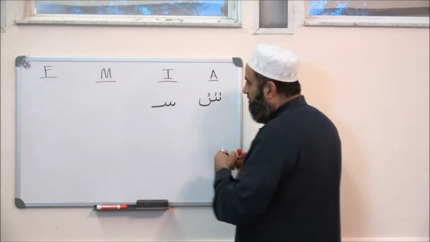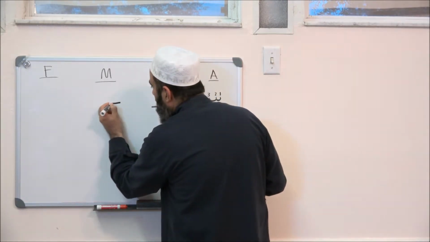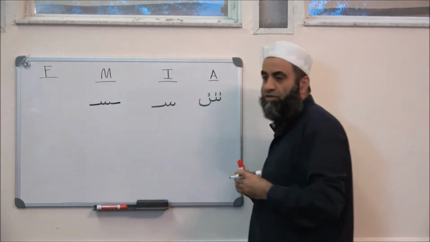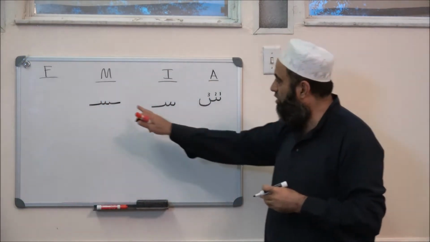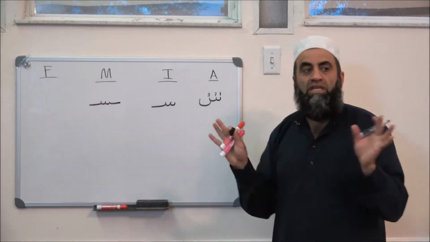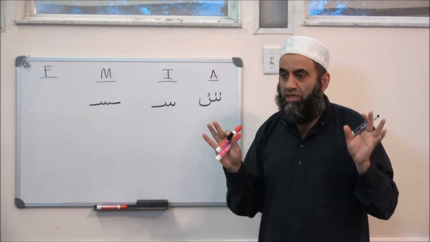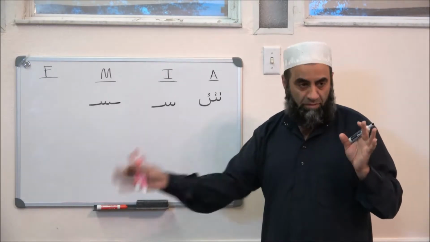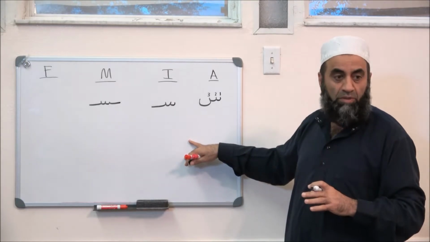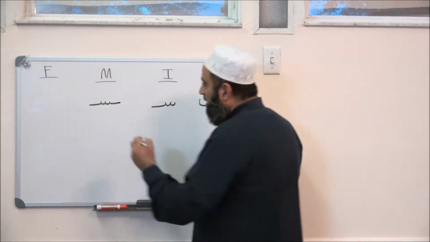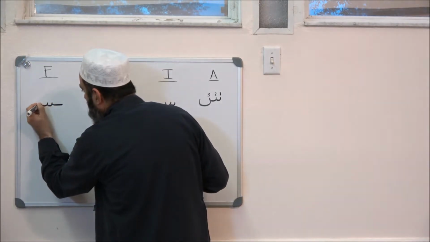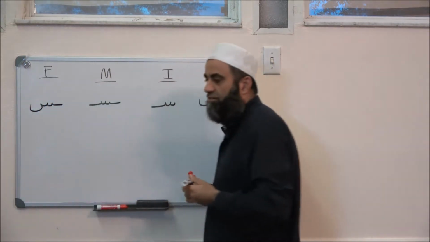Here's a connection wire, and here is my sa and another connection wire, because the middle form connects from here and here. We already covered the letters that do not permit connection from the left side. Therefore, all the coming up letters will permit connection from both sides. And the end form will be like this.